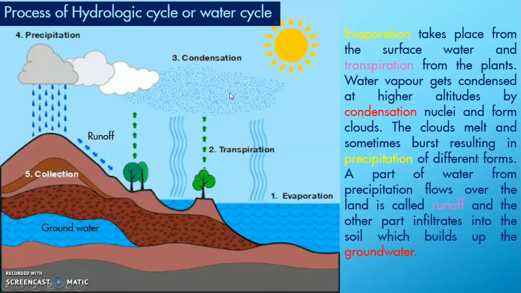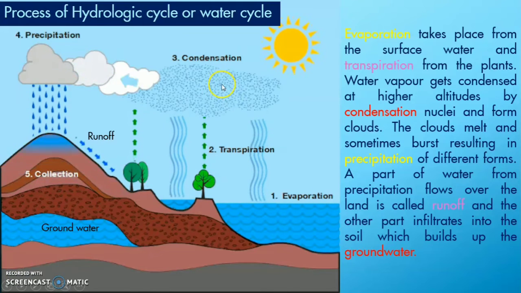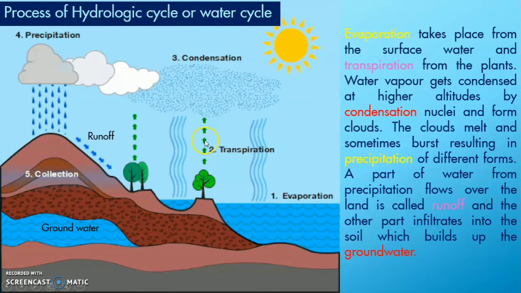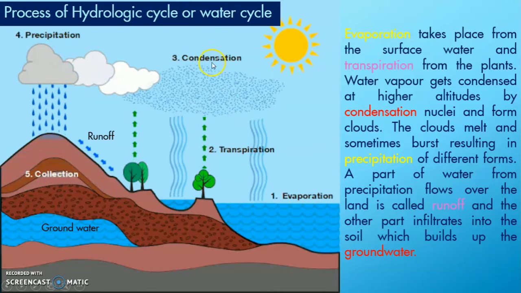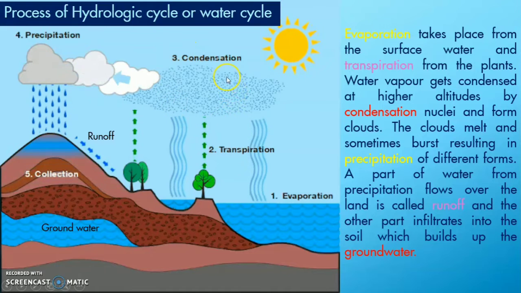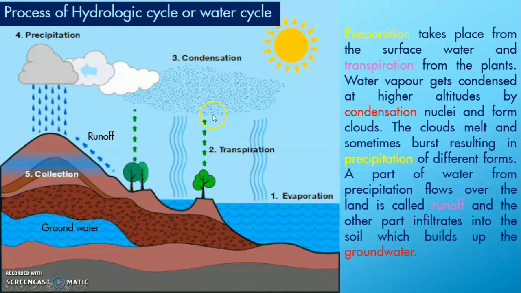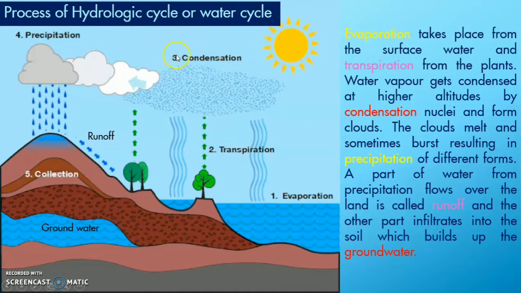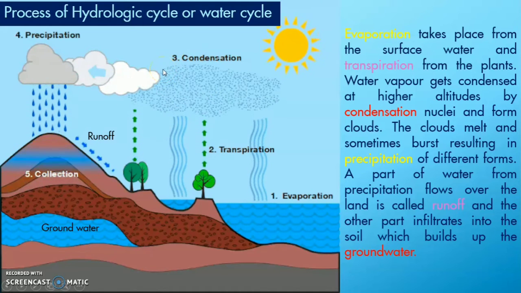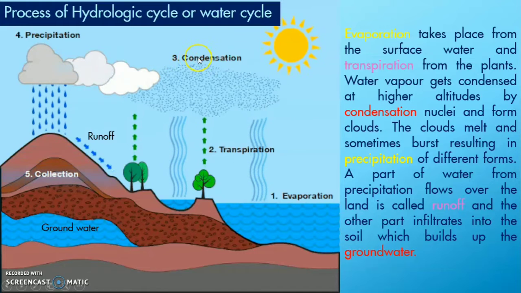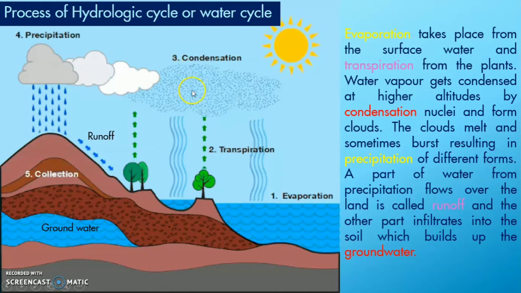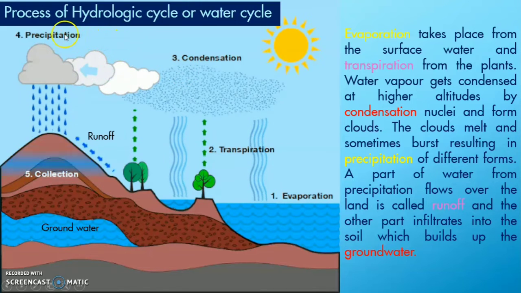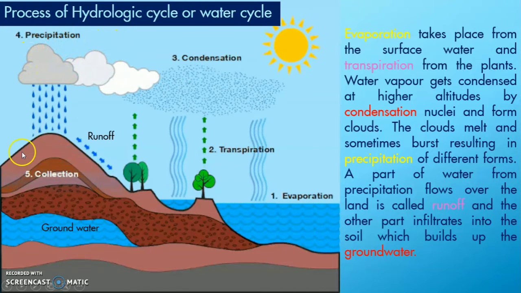Next, this water vapor moves upwards. As it moves to higher altitudes, the water vapor in the air cools and forms tiny droplets of water. Thus, at this stage, condensation takes place where water vapor is again converted into water. Children, the tiny droplets of water come closer to each other and clouds are formed. So far, did you understand, children?